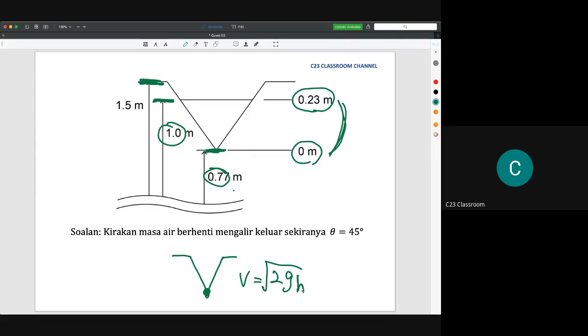And why does this velocity have a certain value? Because it has a height, which is 0.23 meters.